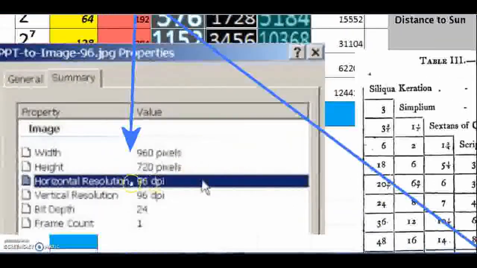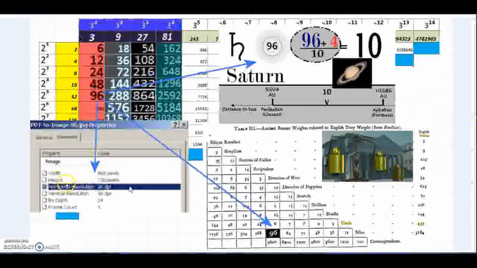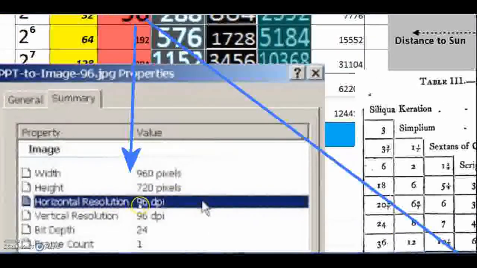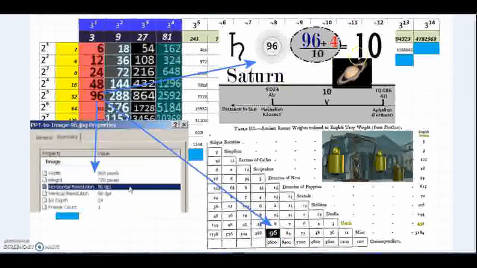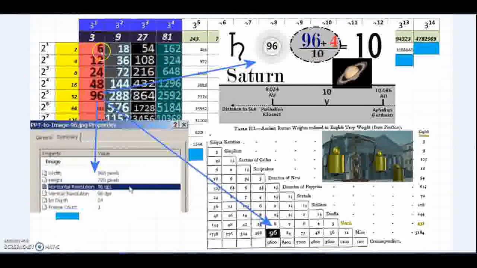Even again in, for instance, printers, dots per inch, again 960 pixels, or DPI 96, and Saturn. So we have a 3, 6, 12, 24, 48, 96 pointed star emerging from the vesica. 96 plus 4 divided by 10 equals 10, and spot on to where Saturn should be.